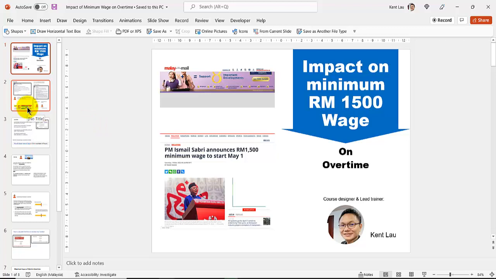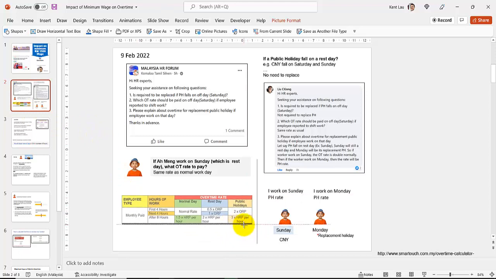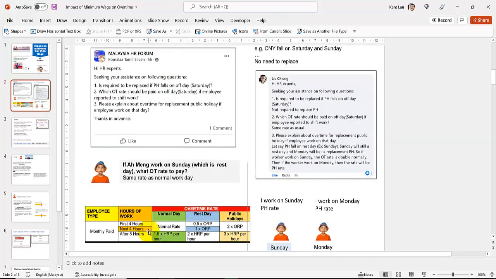Now, how do you calculate the overtime? There is a formula, and there's a table for you to follow. This is the table. This is important because the first 4 hours of the overtime rate are actually calculated based on the basic rate, the minimum wage. So if you were previously paid less than 1,500, it will have an impact on your overtime.